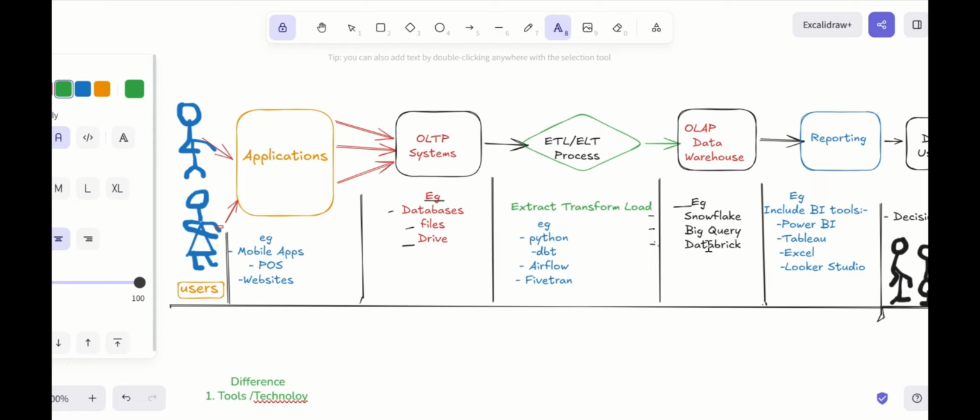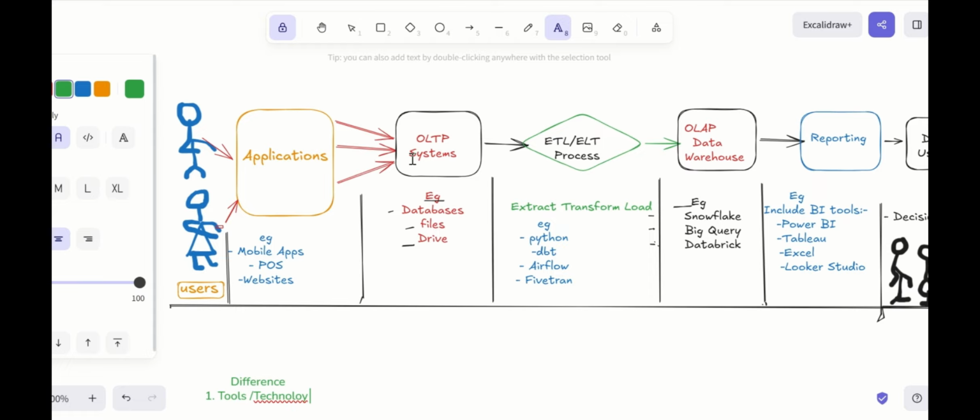The tools used to build the OLTP system are designed in a way that allows faster transactions, because remember, these systems store the transactional or operational data.